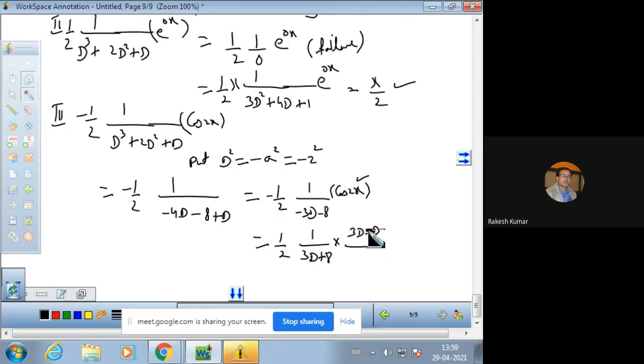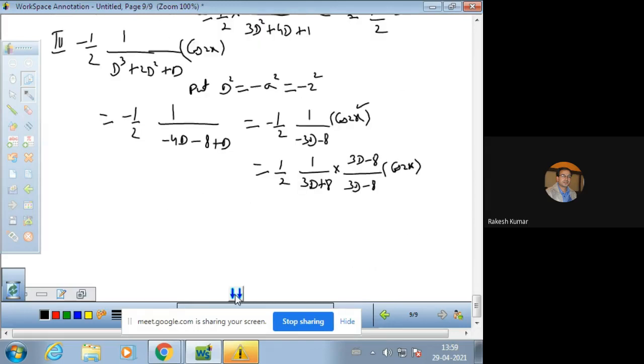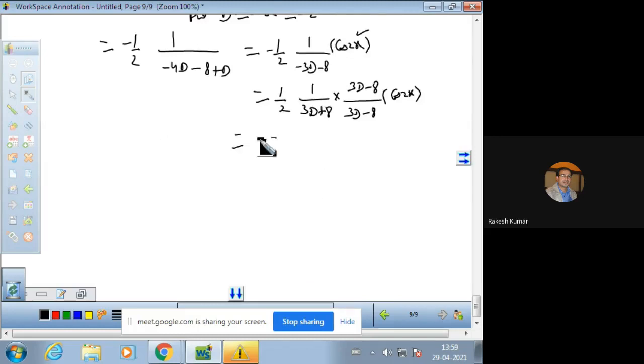So you will have 3D minus 8 in the numerator and 3D minus 8 in the denominator. This is the procedure of rationalization. So you will have 1 by 2, that is 3D minus 8, and in the denominator a plus b, a minus b, that is 9D square minus 64 into cos of 2x.